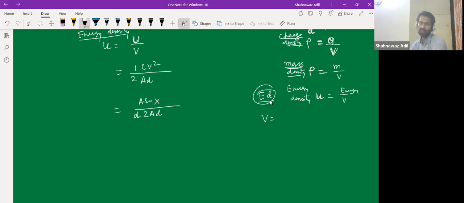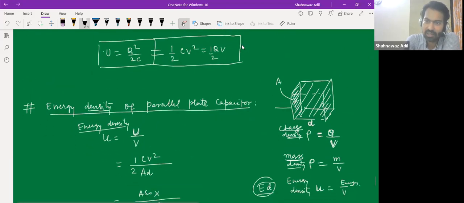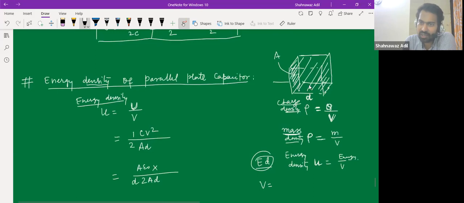What is the potential? We have the distance between the plates D, the potential difference V, and the electric field E. So what is the relation between electric field, distance and potential?